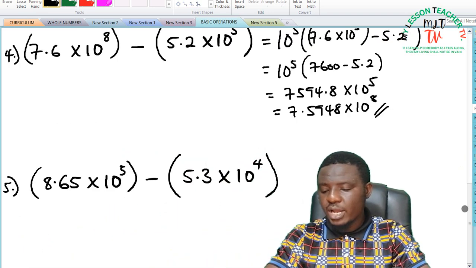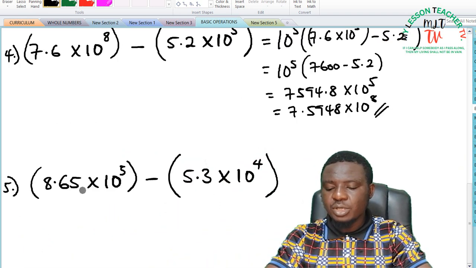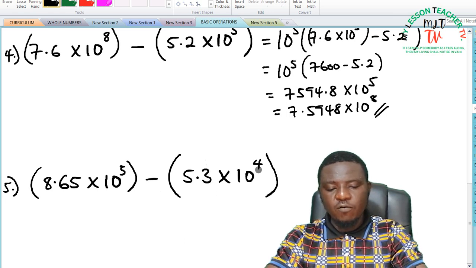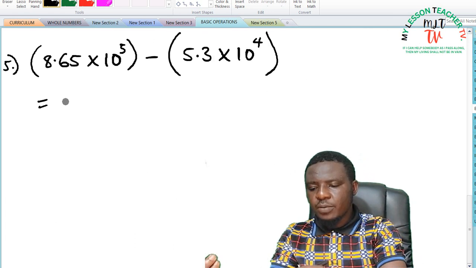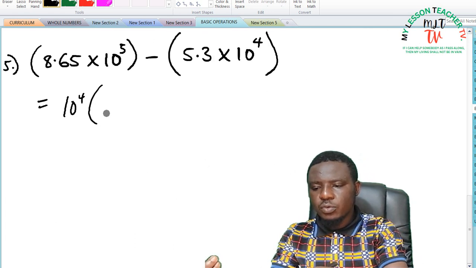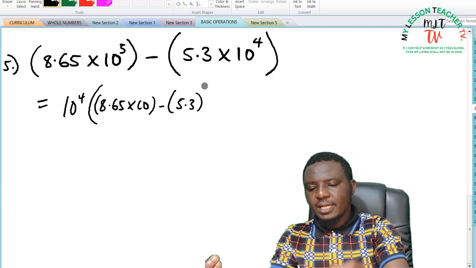In question 5, we have 8.65 times 10 raised to the power of 5 minus 5.3 times 10 raised to the power of 4. This is equal to 10 raised to the power of 4 into 8.65 times 10 minus 5.3.